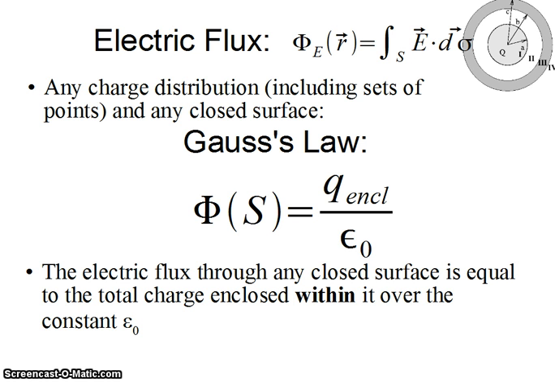Gauss's law applies to closed surfaces, and it says that the total electric flux on a closed surface is equal to the enclosed charge over that constant epsilon naught, the permittivity of free space. It's the other way of writing Coulomb's constant. I note that this law applies everywhere. It's true everywhere, but it's not always useful. In this case, it is useful.